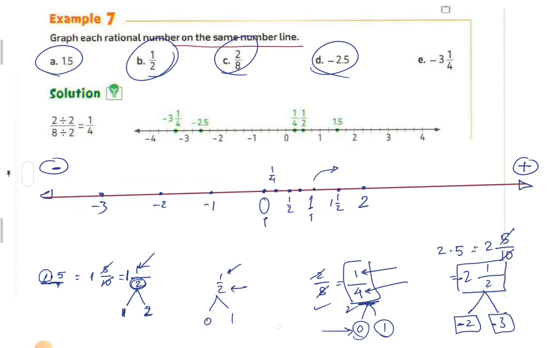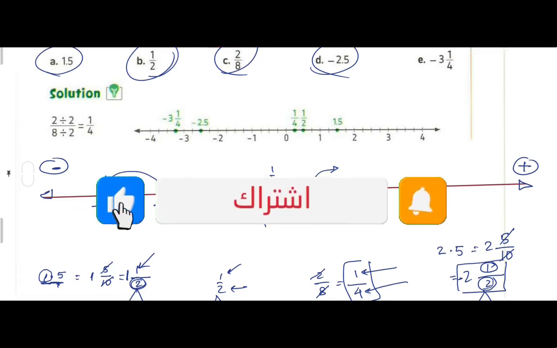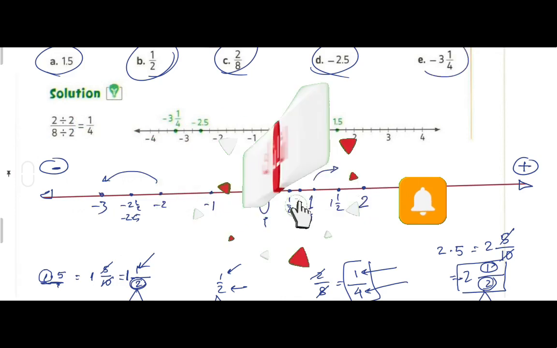We said that we start with the one closest to 0, so we start with negative 2 and move toward negative 3. I have a fraction 1 over 2, so we have two parts, and just count one part from the smaller one, negative 2. One part, and here we have negative 2 and a half, or negative 2.5. Okay, last one, negative 3 and a quarter.